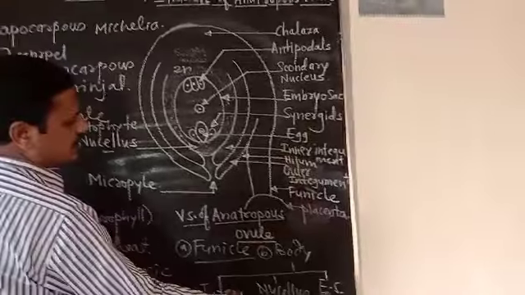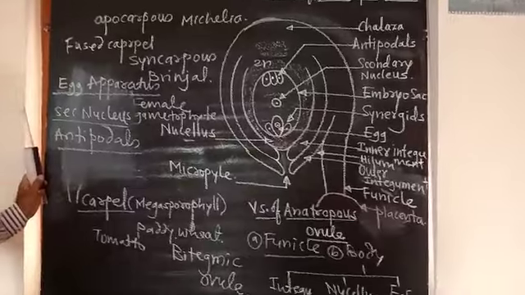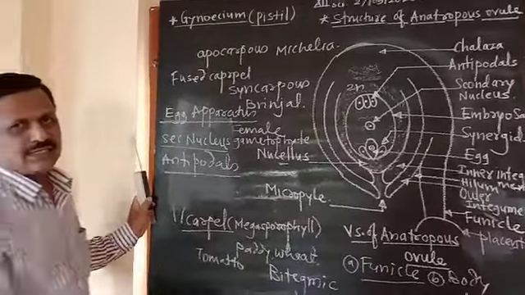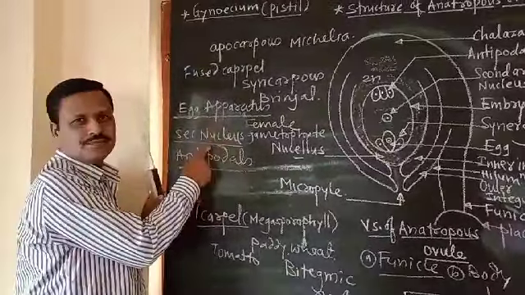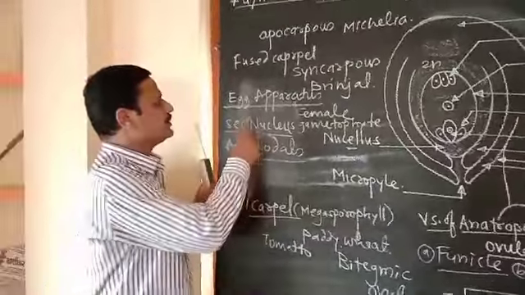The embryo sac or female gametophyte is mainly divided into three parts, like egg apparatus, secondary nucleus and antipodals.